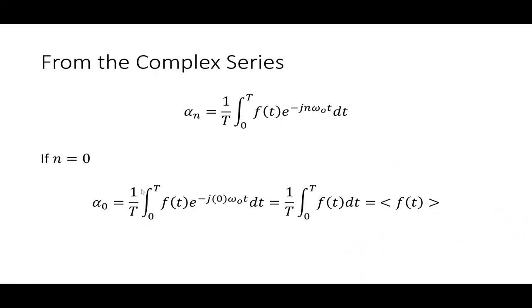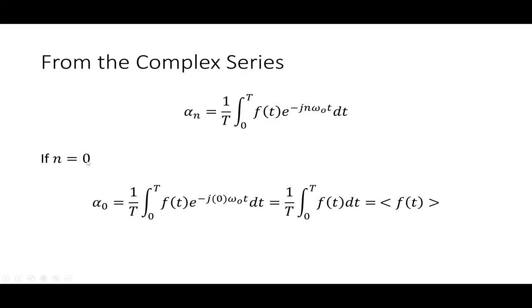Now, if I look at the complex form of the series, the formula for the alpha n values, the complex Fourier series coefficients, is 1 over T, integral over a period, f of t times e to the negative j n omega naught t.